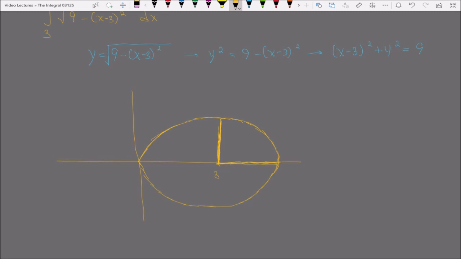So the area we're actually looking at is then this area. Well, that is a quarter circle.